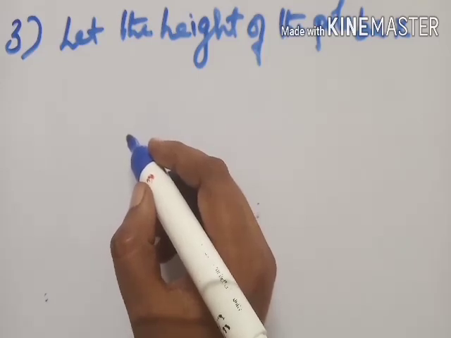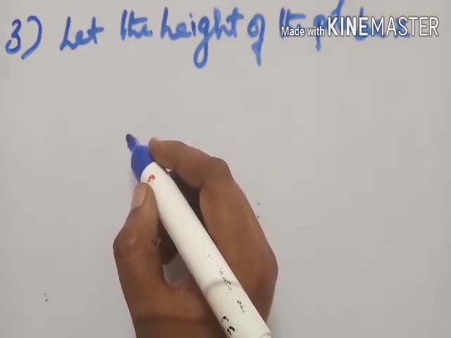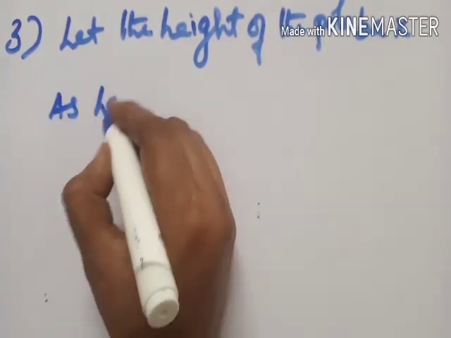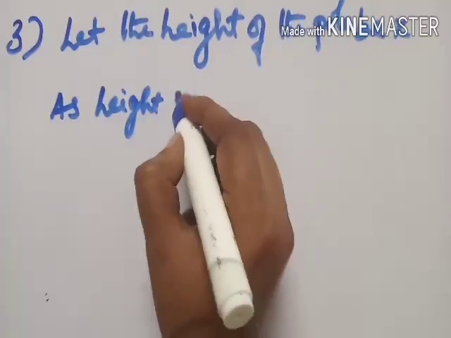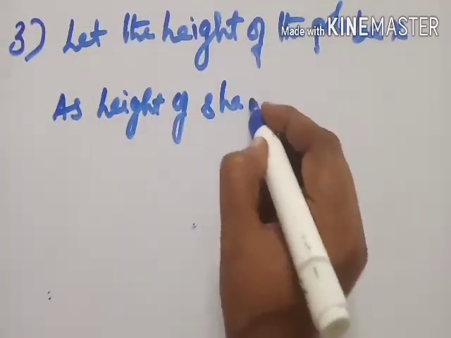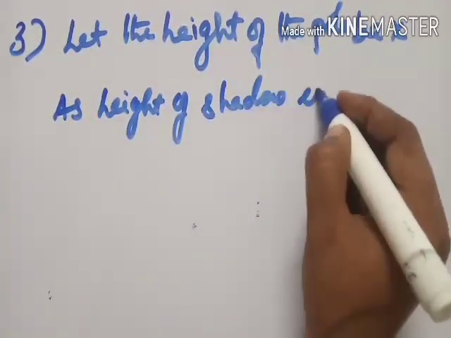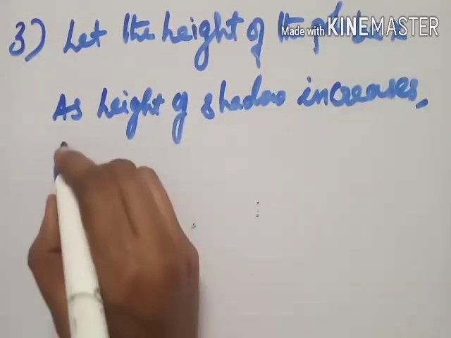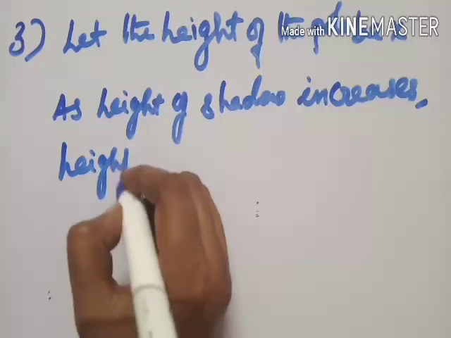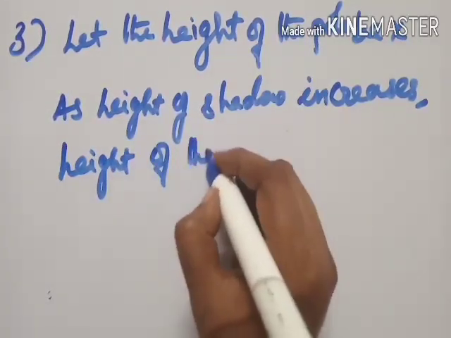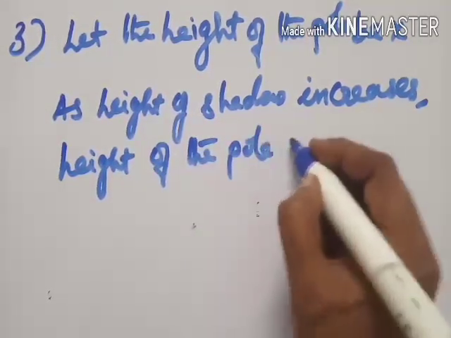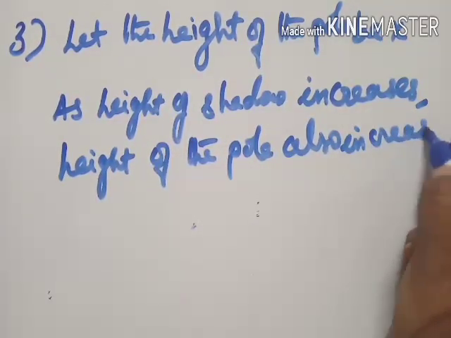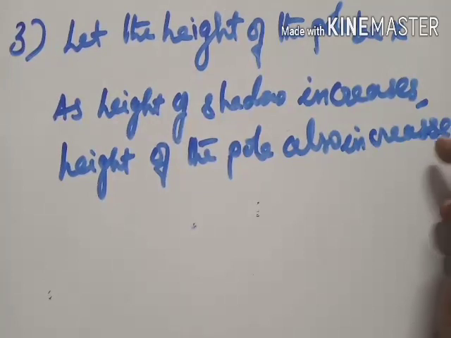Okay. Now, what about the shadow? If the length of the shadow increases, the height will also increase. So the height of the shadow increases, the height of the pole also increases.